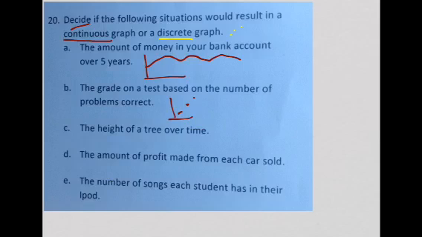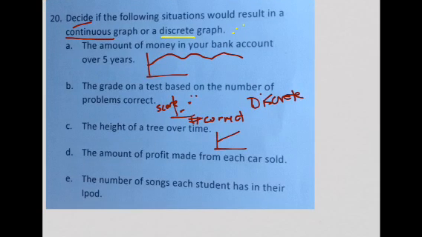If you have 3 problems, so this is a number correct right here, and this is the score, so this would be discrete. The height of a tree over time. Okay, so the tree is continuously growing, so that would be a continuous graph.